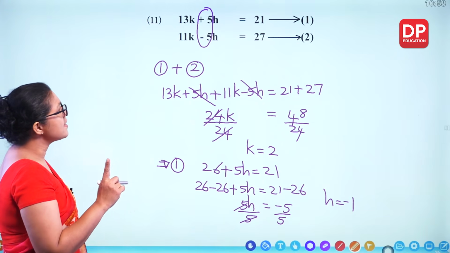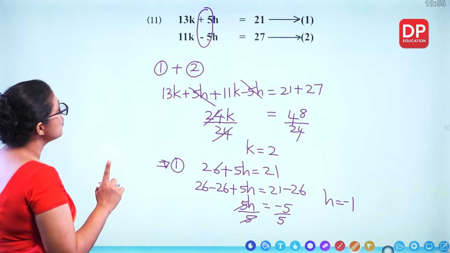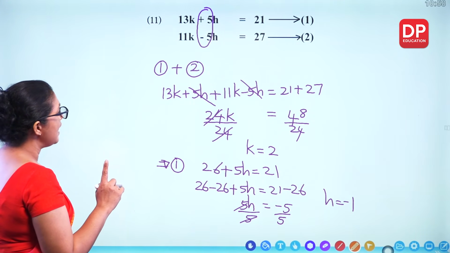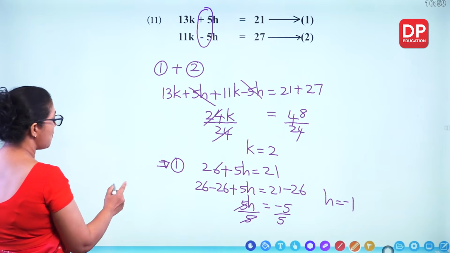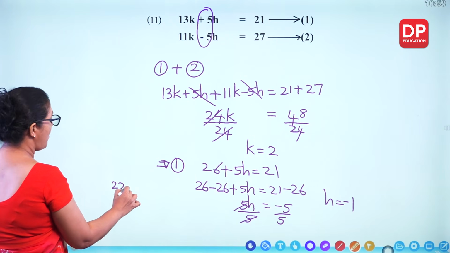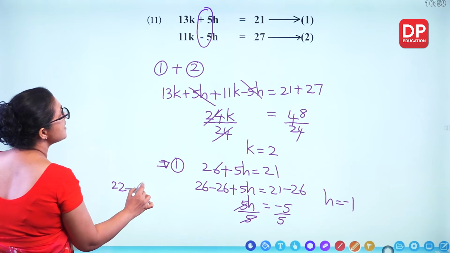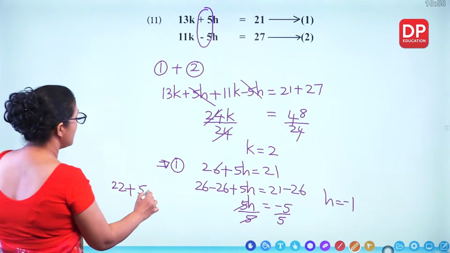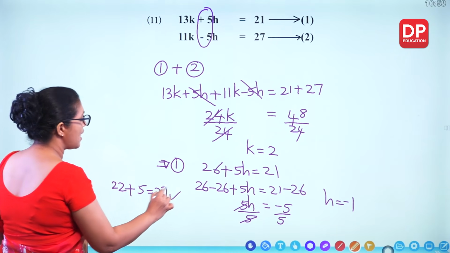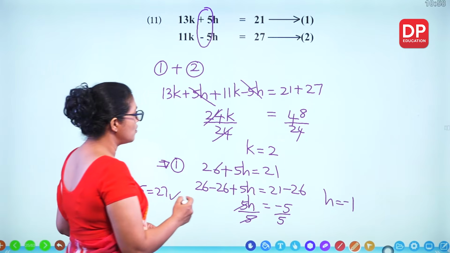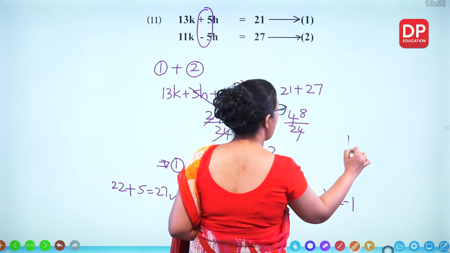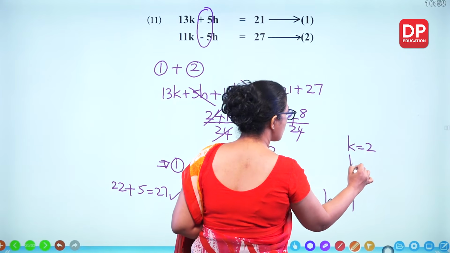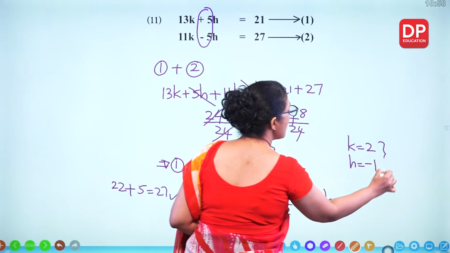Double check the answer by substituting into the second equation. 11k, so 11 times 2, 22. Minus 5 times minus 1, so plus 5. 22 plus 5, you get 27. So that means the two solutions are correct. So k equals 2, h equals minus 1.